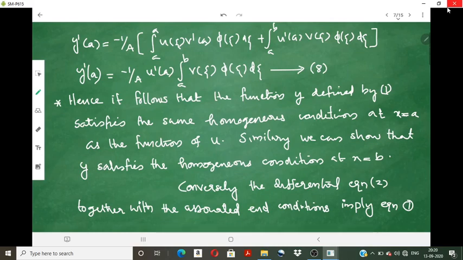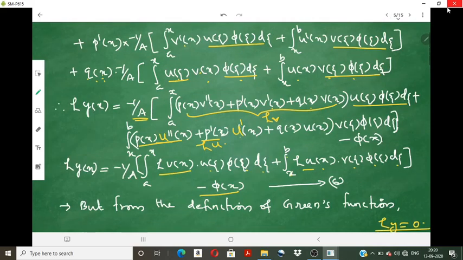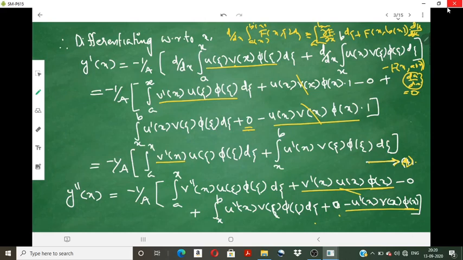And y dash of a, again applying the definition of y dash from equation number 4. In this equation, substitute a instead of x to find y dash of a. The first integral will be from a to a, that is 0.